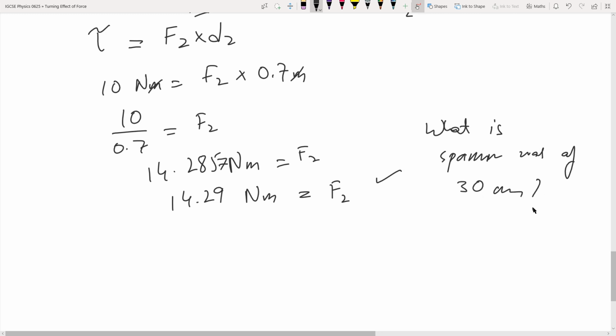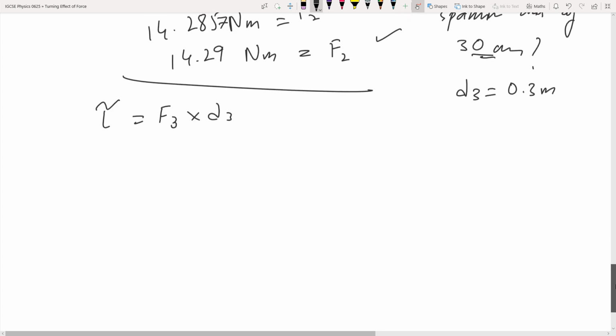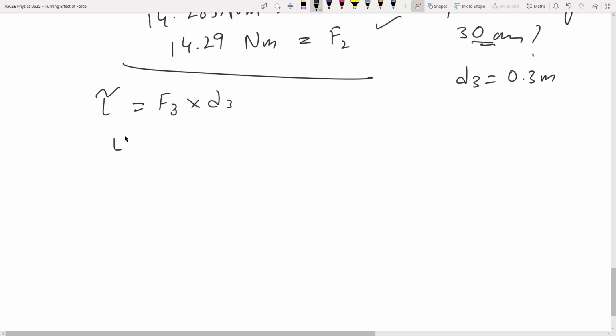Let's do that again. So tau is now F3 into D3, where D3 is 0.3 meters. The moment is the same, which is 10 newton meters that we calculated for the nut, and F3 is what we need to find.